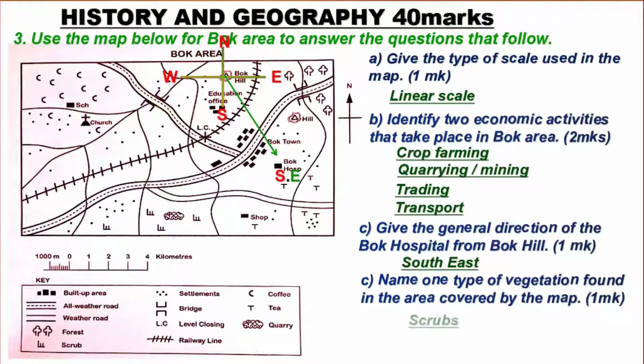This one, which is shrubs. It shows desert or semi-desert condition. Then we also have the forest. Look at the forest. So the vegetation found in the area, you can write shrubs or forest, and you still score your 1 mark.